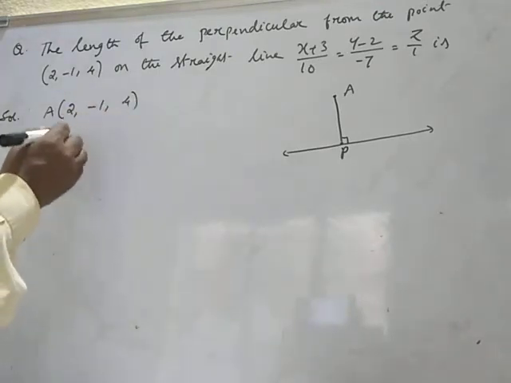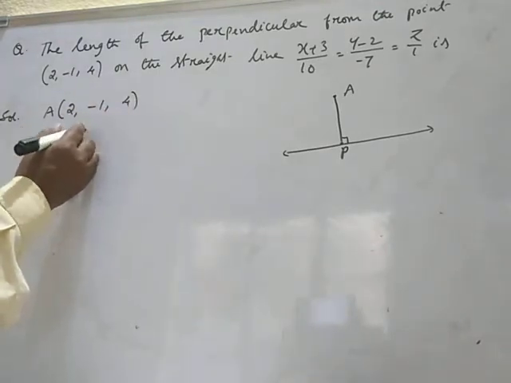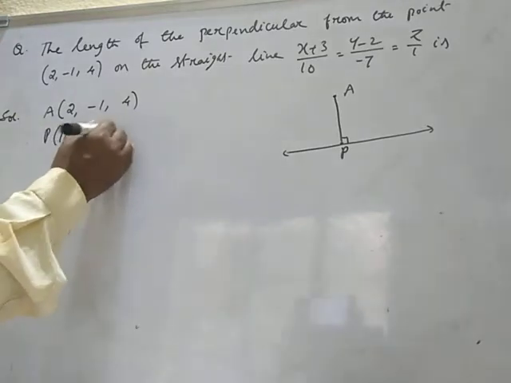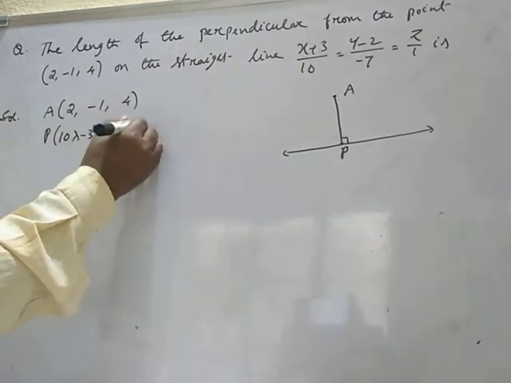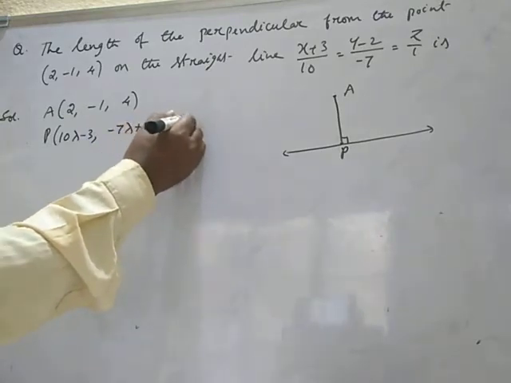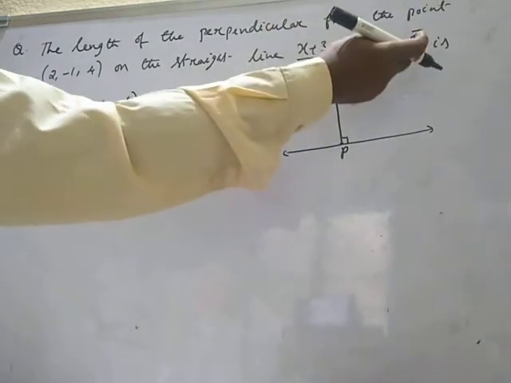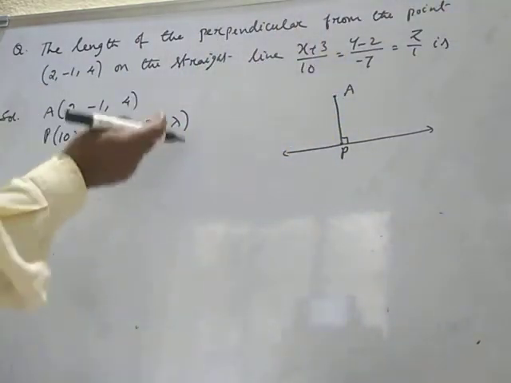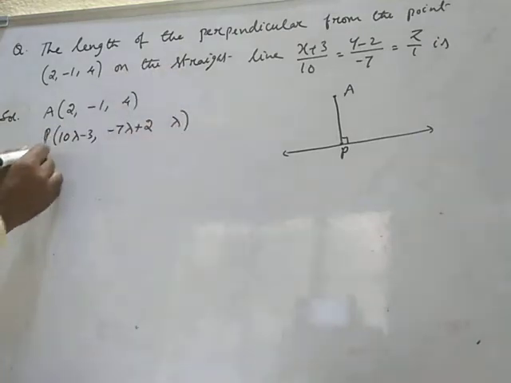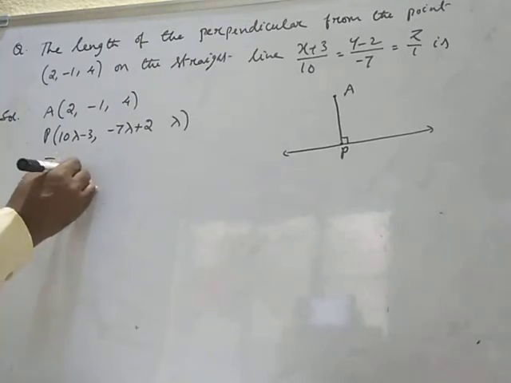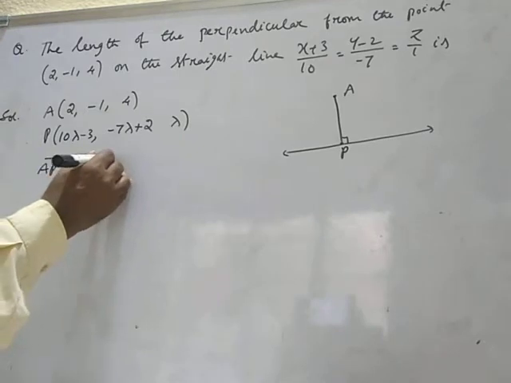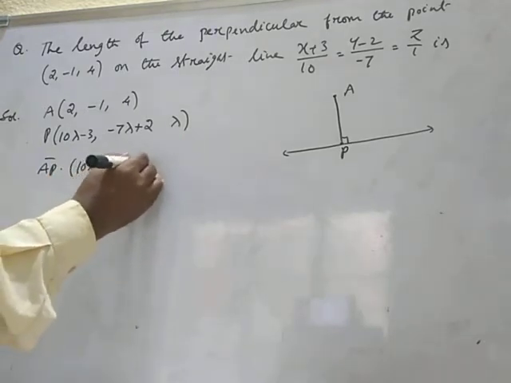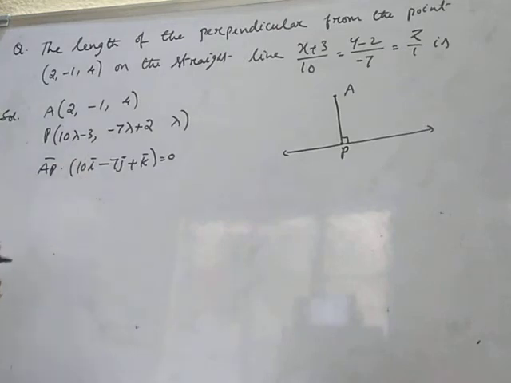P is of the form (10 lambda - 3, -7 lambda + 2, lambda). So AP bar is perpendicular to the line, so AP bar dot (10 i bar - 7 j bar + k bar) equal to 0.